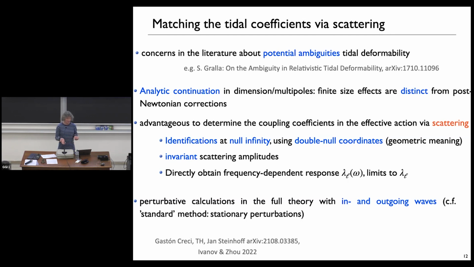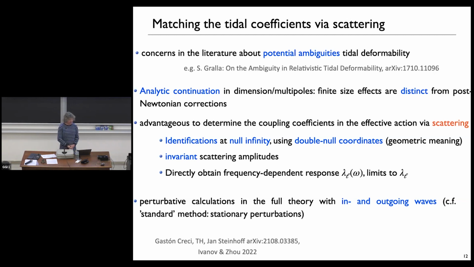So instead we can do the matching at null infinity, where space-time is Minkowski, and we can work with invariant scattering amplitudes there, also using double null coordinates, which have a geometric meaning. So we try to eliminate as many possible subtleties as we can.